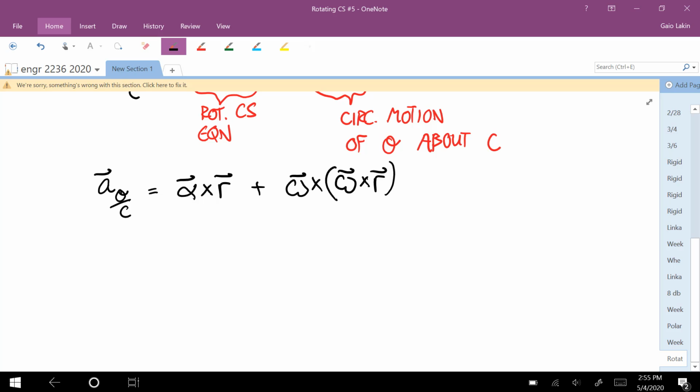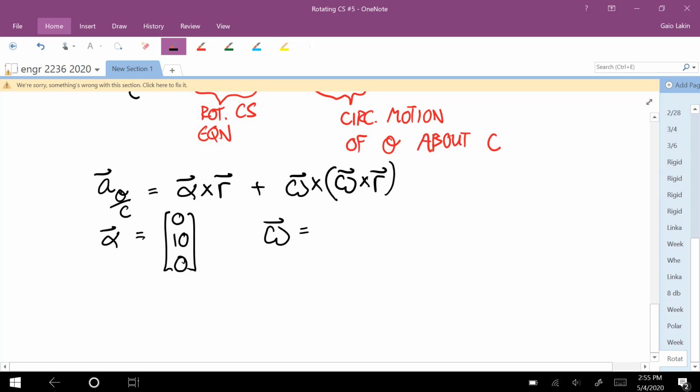And so alpha is the angular acceleration of the disk, which is 0, 10, 0. Omega for the disk is 0, negative 5, 0. That's given.